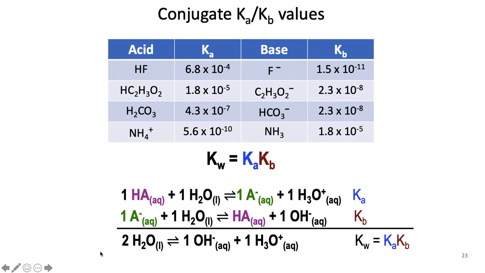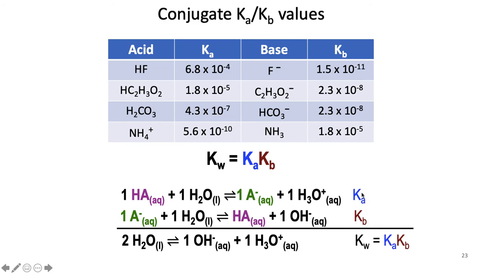Well, what is this? This is the autoionization of water, Kw, right? We had H2O plus H2O, which is 2 molecules of water. So 2 H2Os give me the autoionization of water. Anytime I add reactions together, their K values are multiplied.